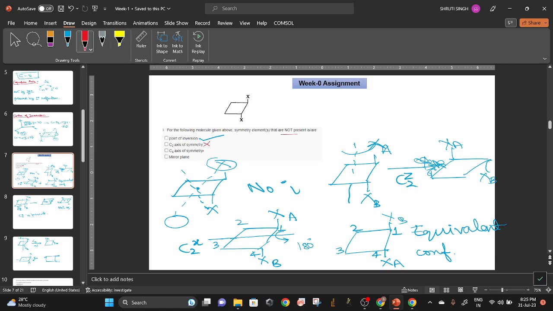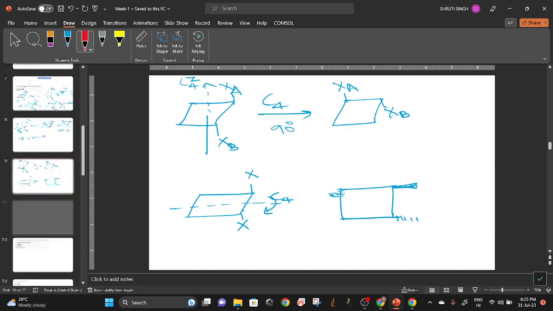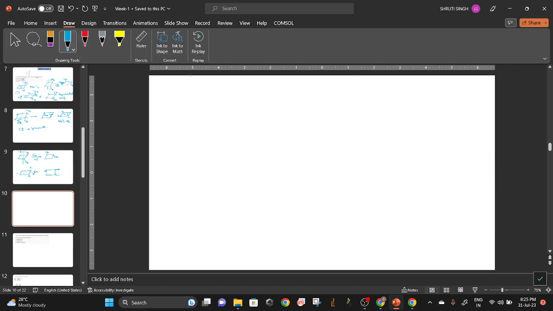So C4 is true. Now let's see for mirror planes. Here I have to put reflection planes. As it is a planar molecule, I can keep a plane which is parallel to the molecule, which is containing the molecule.